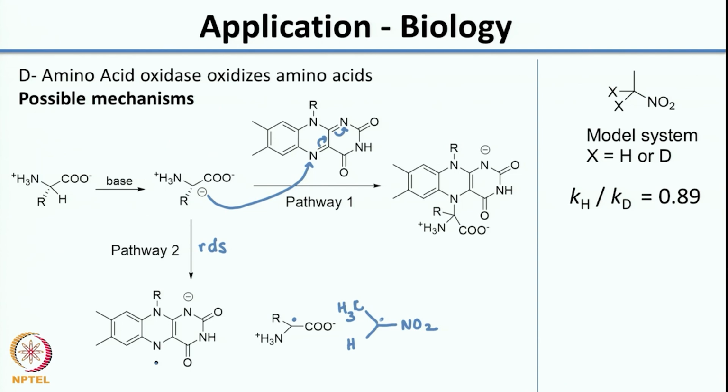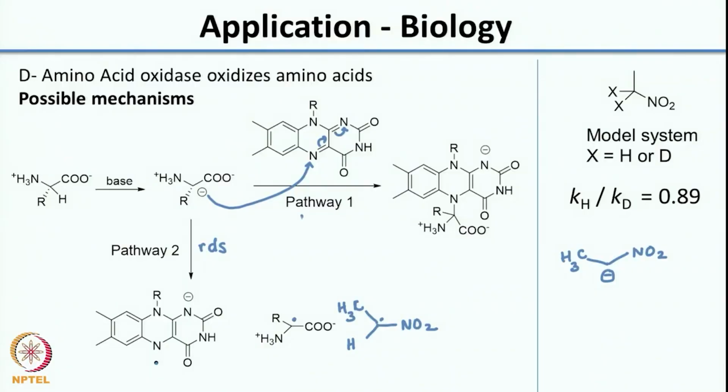Whereas in the case of your reactant anion, I will write it on the right because we have space here, it would be CH3 NO2 minus.